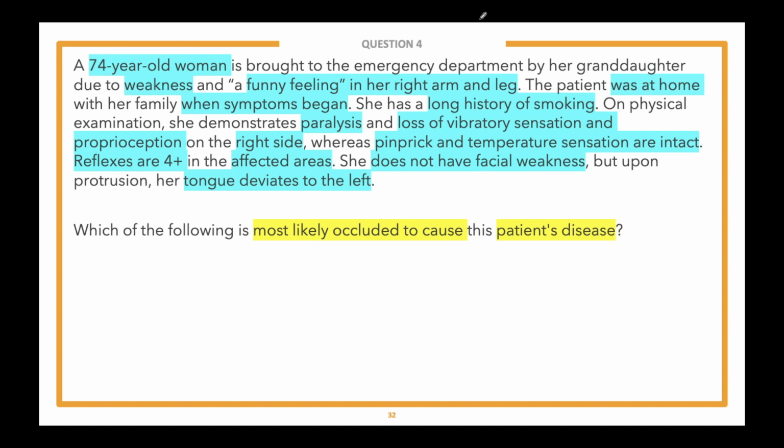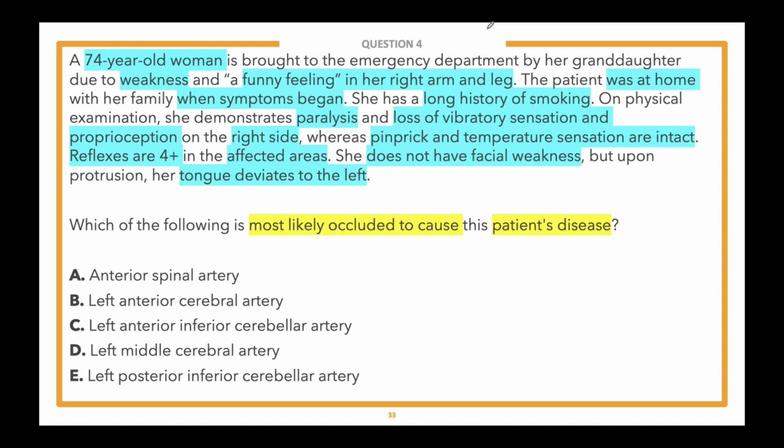They're asking us what was most likely occluded to cause this patient's disease. So I think this is probably a nice 2-step question. I think 1, we need to figure out what is that patient's disease. And then 2, what would have been most likely occluded to cause that disease? So probably a nice 2-step question here. Let's take a look at our answer choices and see what we're working with.